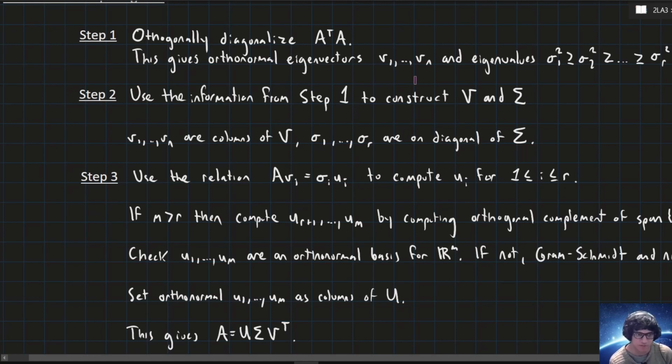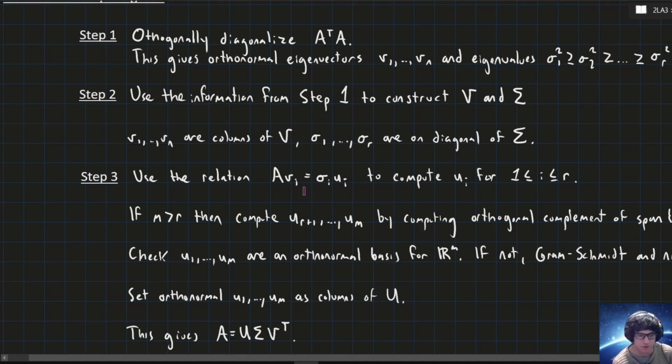So we have our V's and we have our sigmas. We need to find the U's. We're going to use this relation here: A times v1 equals sigma 1 times u1. We need that relation to hold.